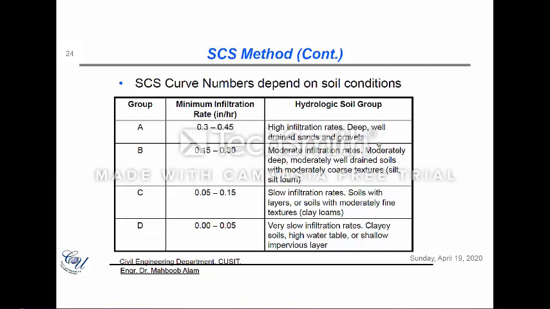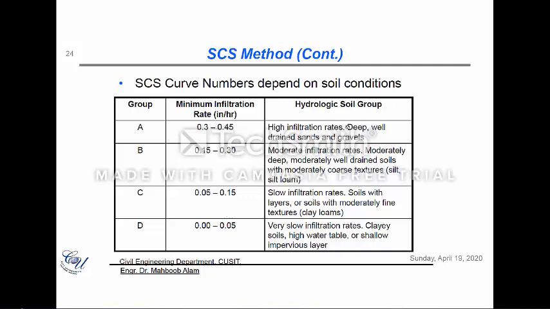So we'll be looking at two things. First of all, we will be looking at the groups, so what kind of group our soil belongs to. If, for example, you have very high infiltration rates in a certain area, for example, you have sands and gravels on the surface and the infiltration rate is high, then I would use group A, and these are the typical infiltration rates.